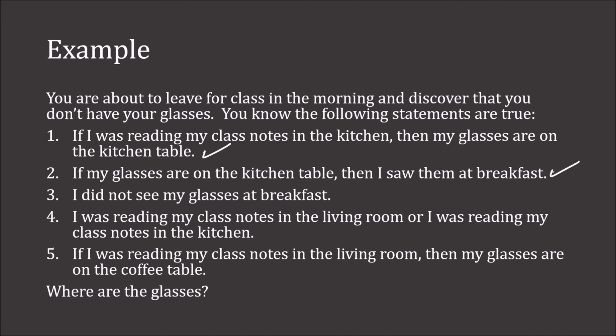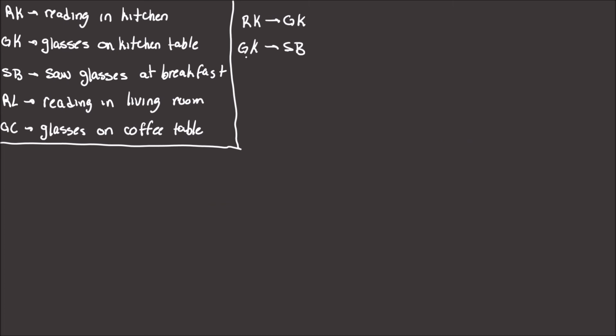That's that statement. So we can conclude by transitivity, if we were reading in the kitchen, then we saw the glasses at breakfast. So there's our first argument. We now know that if we were reading in the kitchen, we saw the glasses at breakfast.